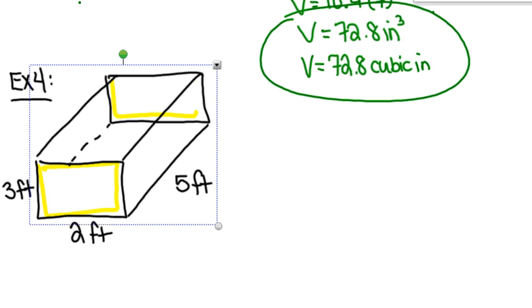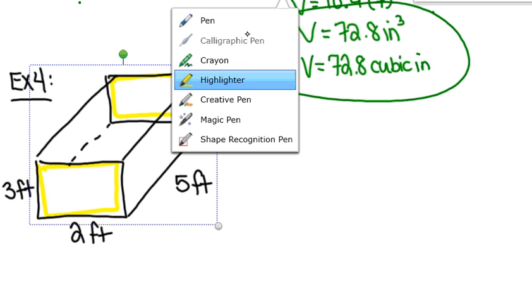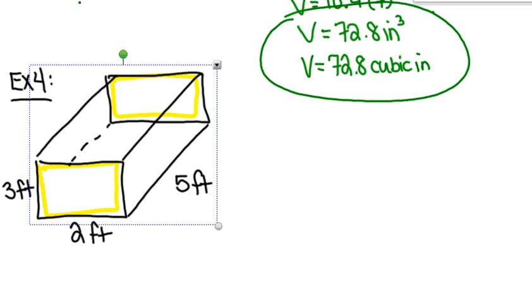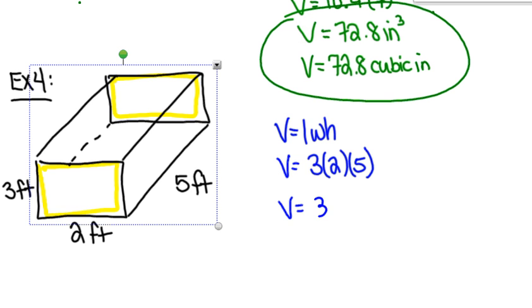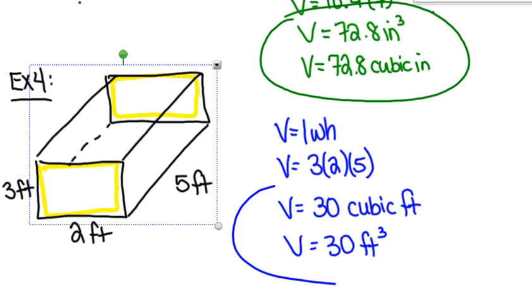That tells me that I can use the nice easy formula, which makes me happy. So volume equals length times width times height, or 3 times 2 times 5, making the volume of this prism 30 cubic feet, or 30 feet raised to the third power.